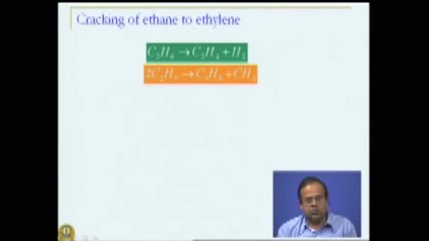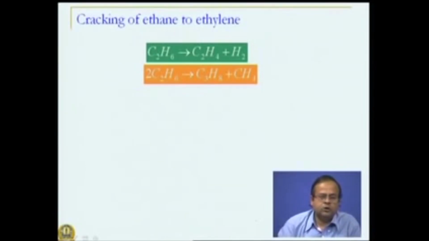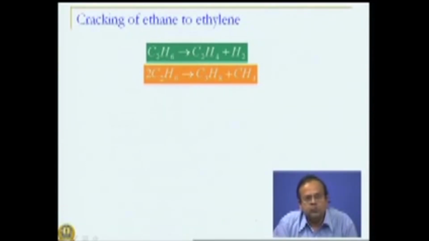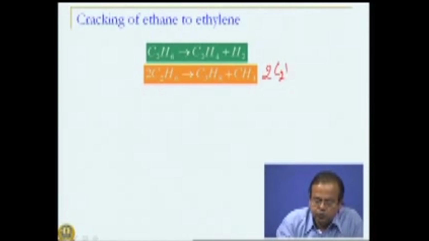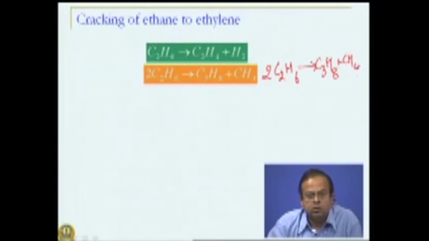Accompanying this reaction, we have C2H6 going to C2H4 plus H2, that is, ethane going to ethylene and liberating hydrogen. But there is a possibility of another reaction in which two molecules of ethane, 2C2H6, combine to give rise to propane and methane.